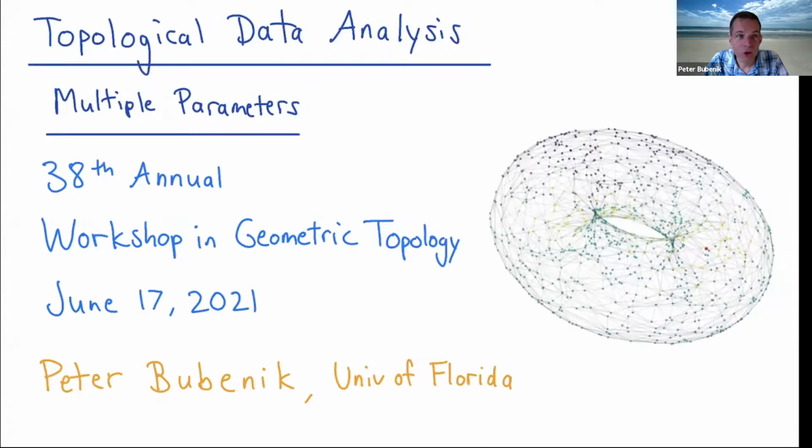As I will show you, there are many settings that arise naturally, mathematically, and also in applications, where we really want to deal with larger diagrams of spaces, which maybe have multiple parameters, and that leads to larger diagrams of vector spaces.